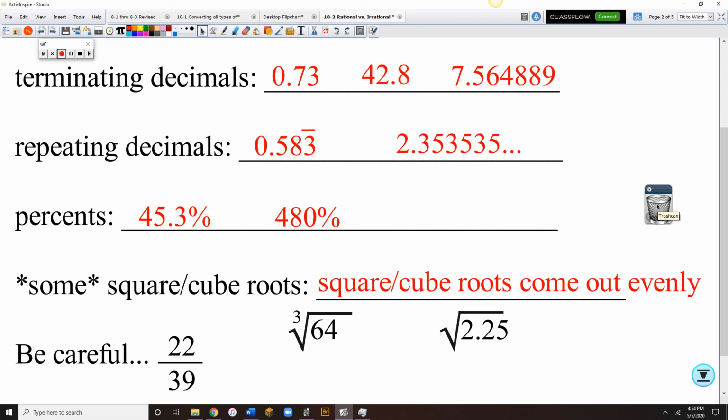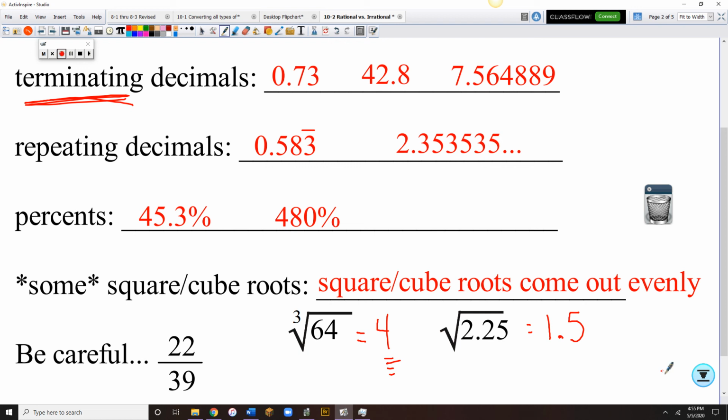If you get a whole number, like the cube root of 64 is 4, that's rational, because 4 is rational. The square root of 2.25 comes out as a terminating decimal, and we've agreed that terminating decimals are rational. So anytime you put a root into your calculator and the answer does not fill your screen, it's a whole number or a short decimal, that's rational.